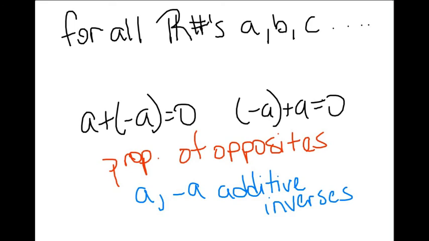If we added 0 to a number, we got itself back. So these are called additive inverses, because if I add A to negative A, I get 0. So it's like doing the reverse of what I was doing. And we're going to be using that a lot when it comes to solving equations without having to plug numbers in.